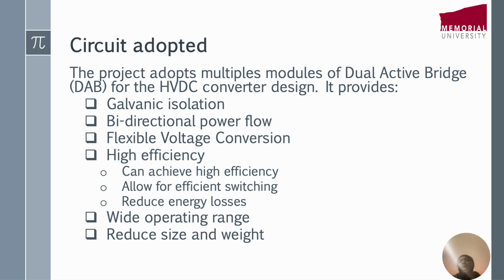So the next question is why we chose the dual active bridge circuit for our HVDC converter design. I think the first point is the crucial point in our design. We needed to galvanically isolate the primary from the secondary side, and that informed the selection of the dual active bridge circuit.